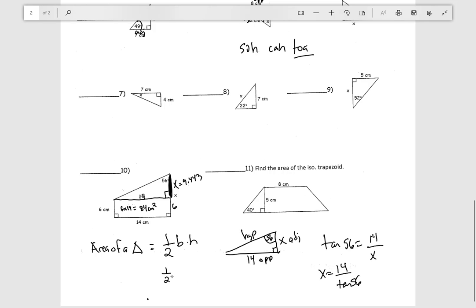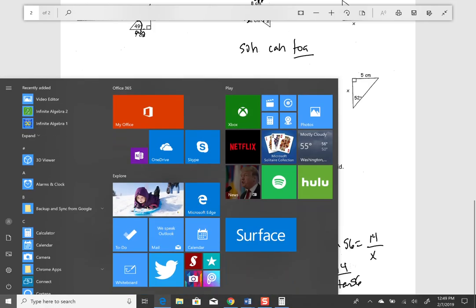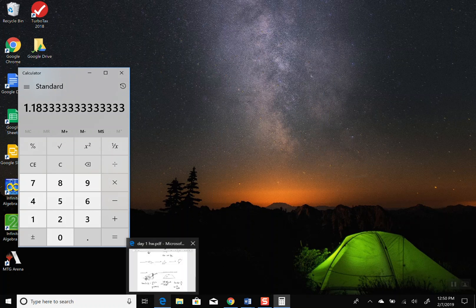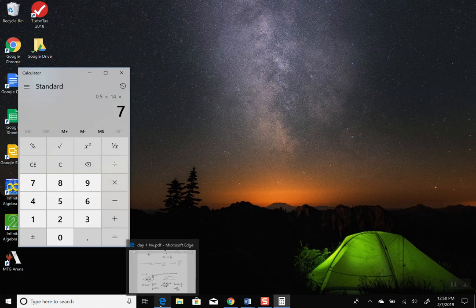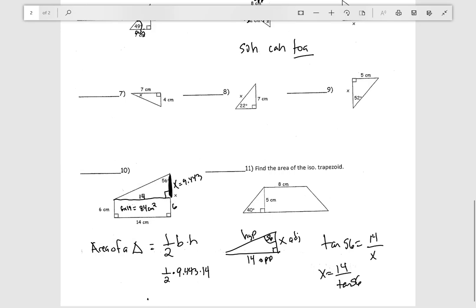So 1/2 your base, 9.443, times the height of your triangle, which is, this is the height at 14. Plug that on the calculator. So let's see, 1/2 times 14 is going to be 7, and then that was 9.443.